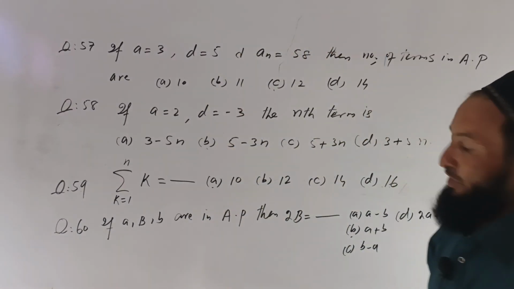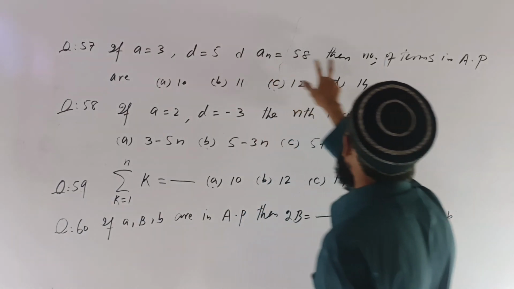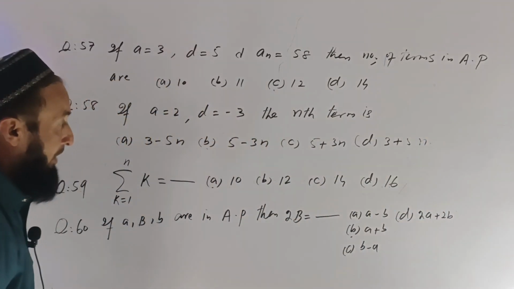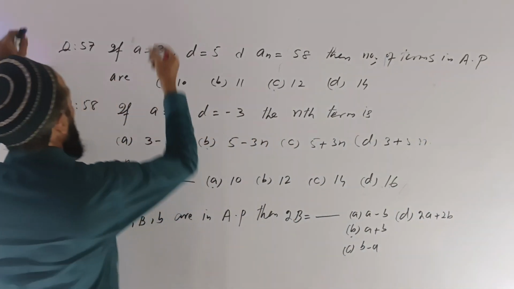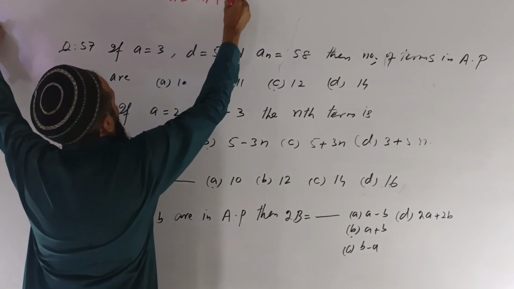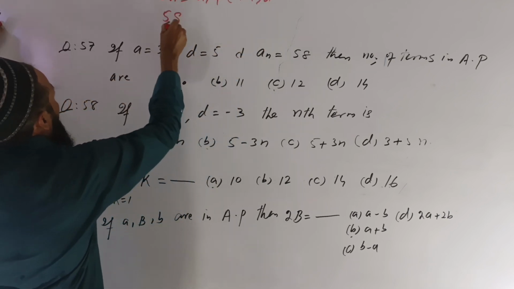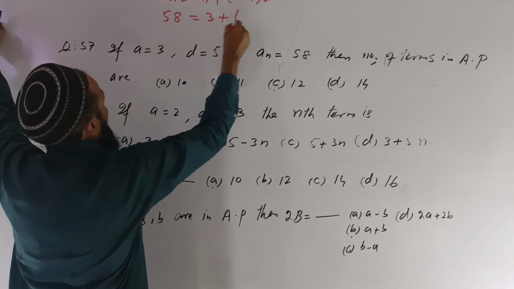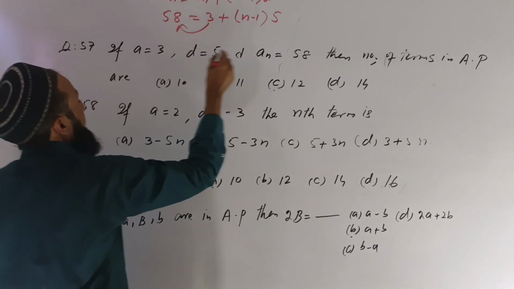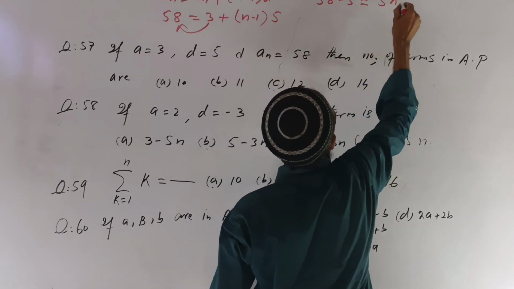Here the first term a is given, the common difference d is given, and the general term is also given. The number of terms n is required, meaning how many terms are involved. According to the formula of arithmetic progression, an is equal to a1 plus n minus 1 times d. Here an is given as 58, the first term is 3, and d is given as 5. So 58 minus 3 is equal to 5 times (n minus 1).